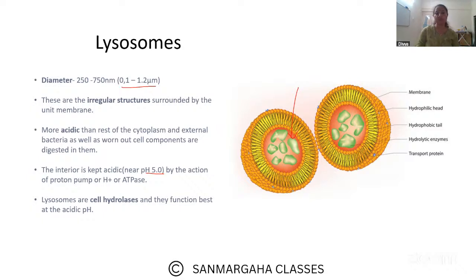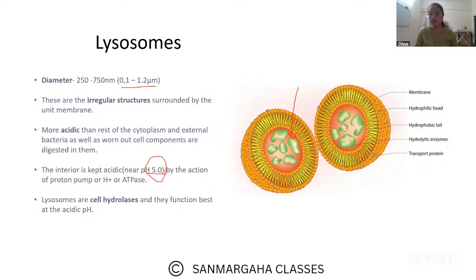Hence this is also called a suicidal bag. If the cell in which it is present is worn out, it just eats up the worn out cells. And these lysosomes are cell hydrolases. As I told you, it works best in acidic pH around 5.